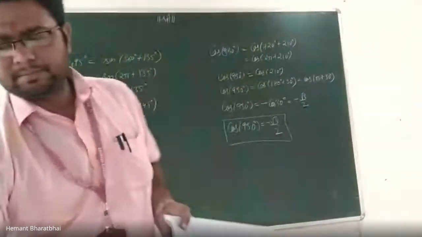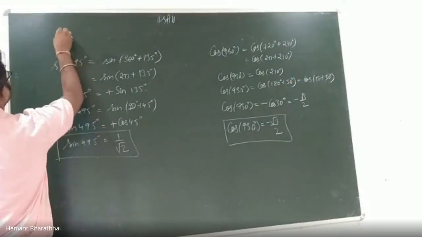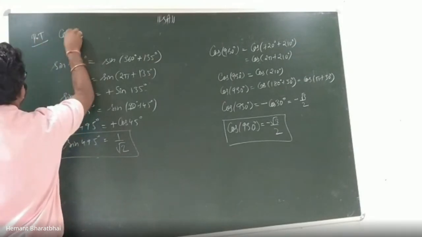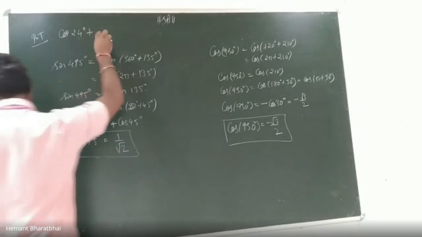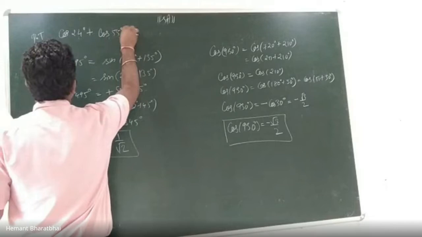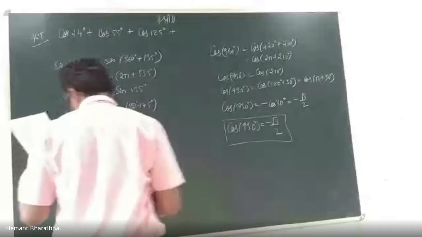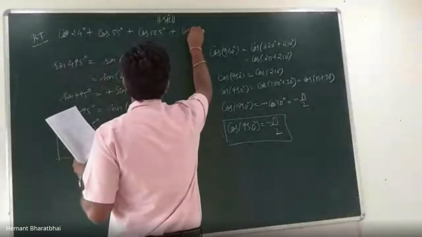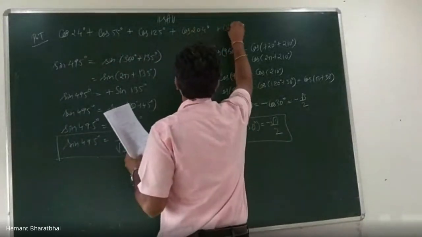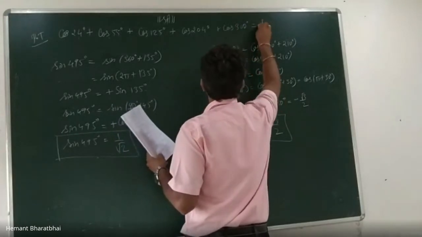Till I rub the board, I am giving you a question. You guys can try it. I have to prove that cos of 24 degrees plus cos of 55 degrees plus cos of 125 degrees plus cos of 204 degrees plus cos of 300 degrees is equal to 1 by 2.